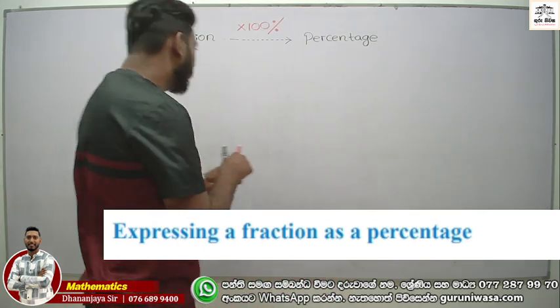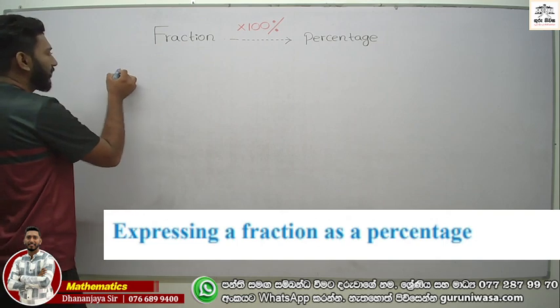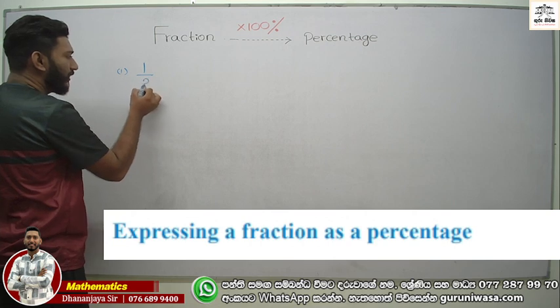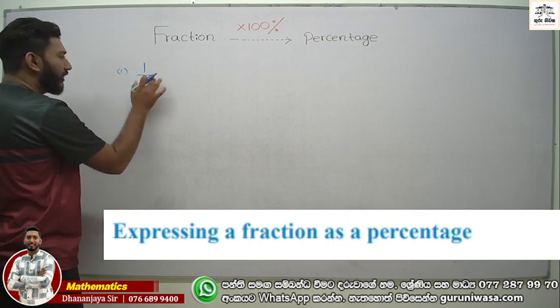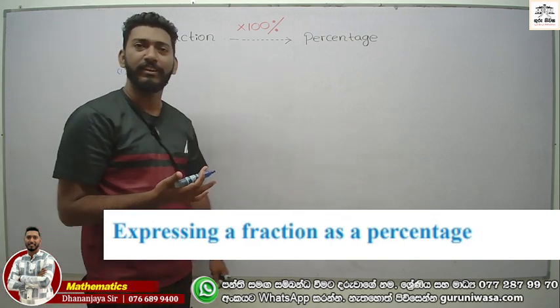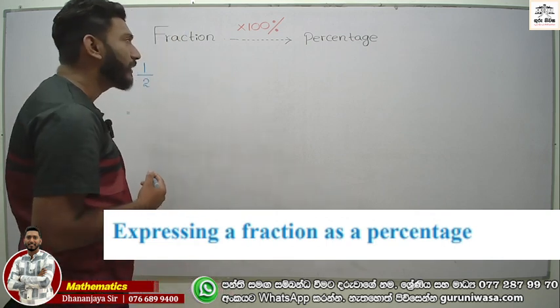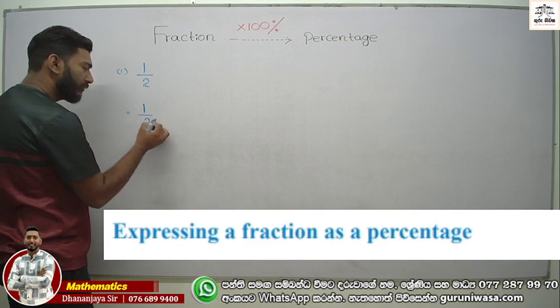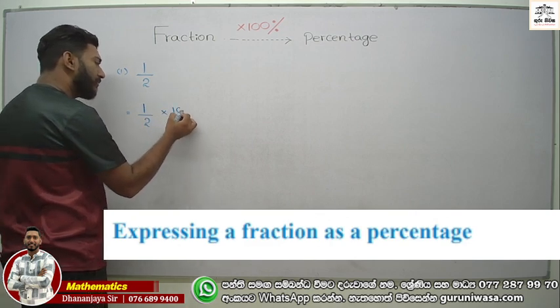Now listen to examples. This one is the first example, half. And we know the very simple thing about the fractions, half. Now tell me, how to change as a percentage? The method is multiplying by the 100%. Now listen, half, you need to multiply by the 100.